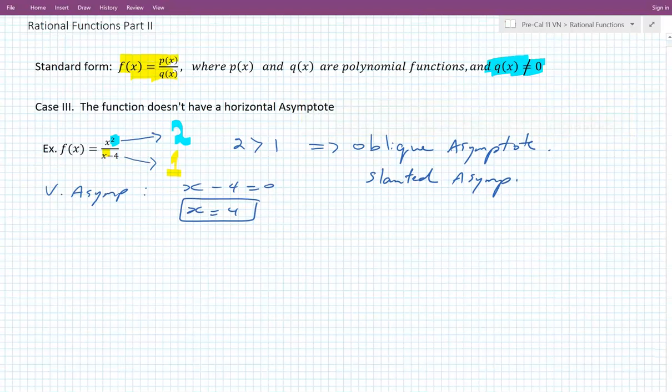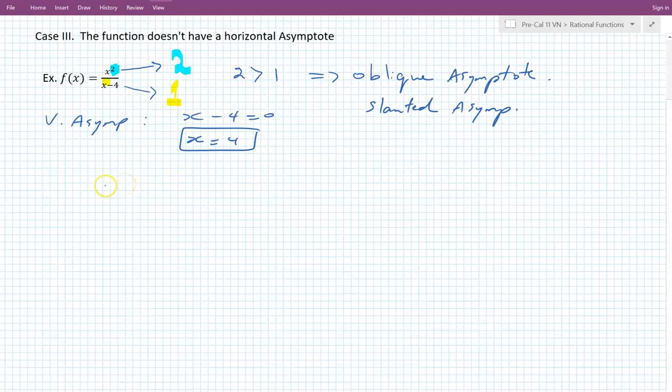But what is it that we want to get? Well, here is the process to get the equation of the oblique asymptote. You have to actually do the division, and you can use synthetic division or long division. For simplicity's sake, let's do the long division together. We are going to find the equation of the oblique asymptote using long division.